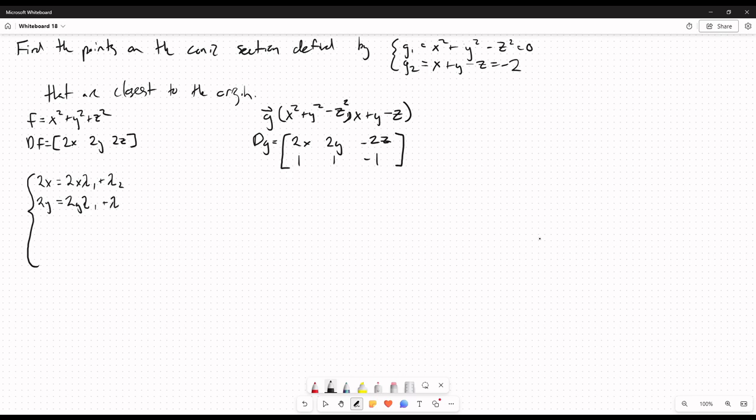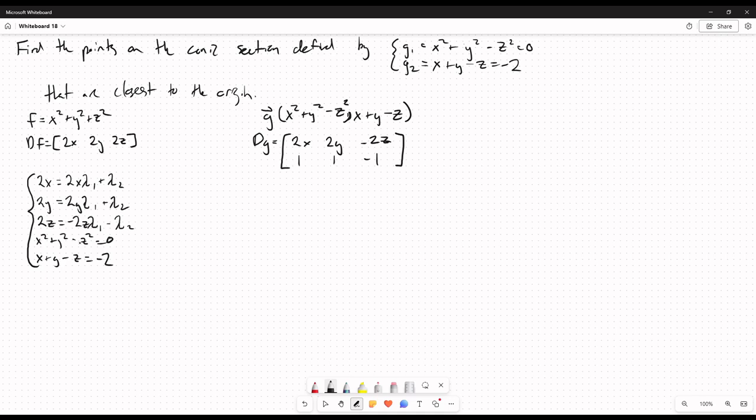And we'll have 2z equals negative 2z times lambda 1 minus lambda 2. And then we'll have our two constraint equations. We'll have x squared plus y squared minus z squared equals 0. Then we'll have x plus y minus z equals negative 2. And that is certainly a lot of fun to solve. We are going to jump ahead to the solution.